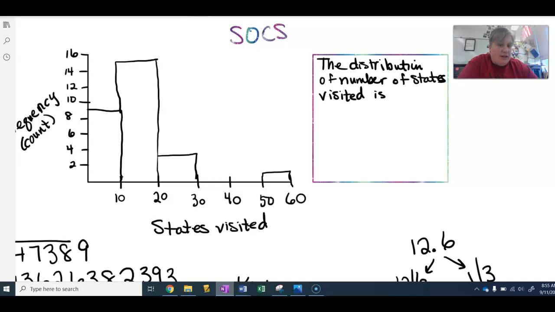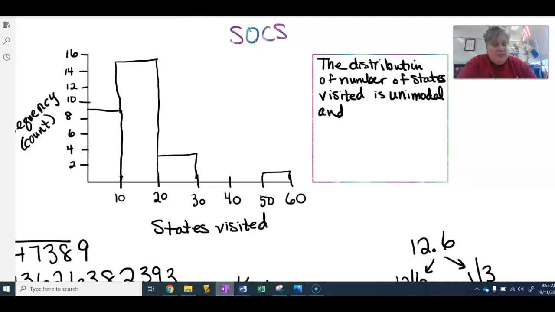So if you start your sentence off with the distribution of whatever you're talking about, you're going to get your context. Okay, so I'm going to say that this is unimodal.